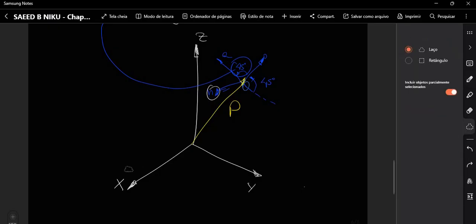If I move this axis, you will see that it's parallel with the axis n from the other referential system.